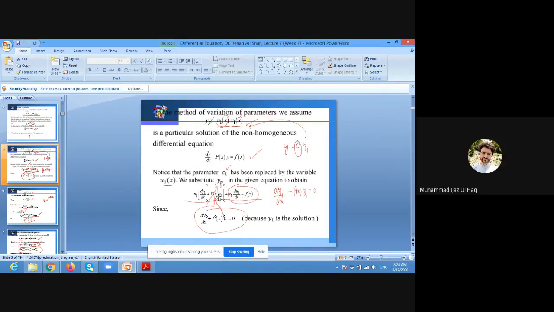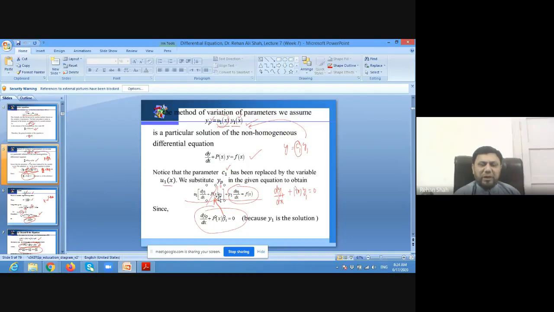Yes, sir. Okay. As you replace the values and put it in the given equation, if you take common u1 from some terms, you will get this equation. This is simple.